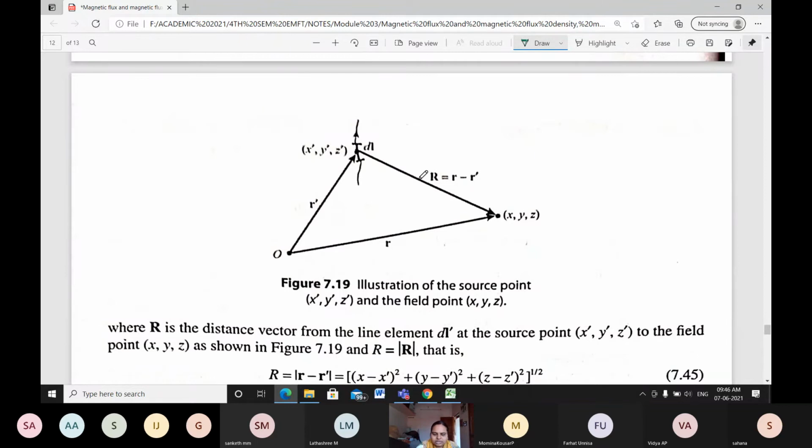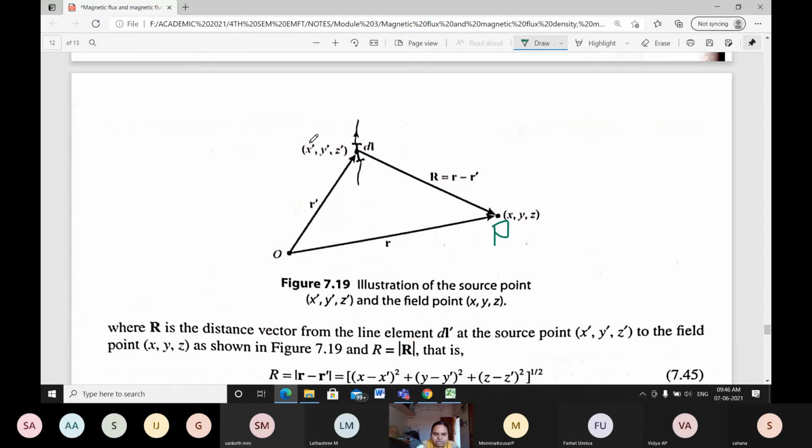Then the distance r is taken as r minus r dash. The distance from O to, if I take the point as P, is r, and from O to a small differential length element is r dash. This is the element we are considering here, with differential length dl and current dI only.